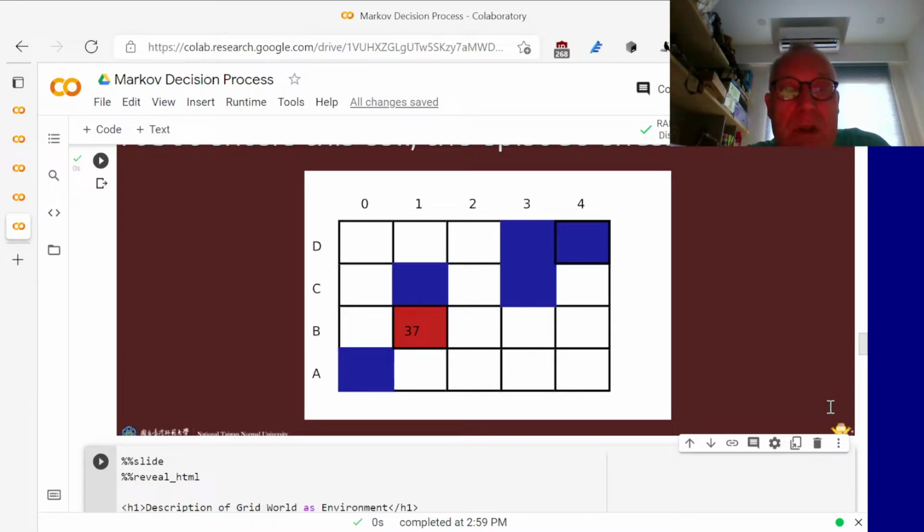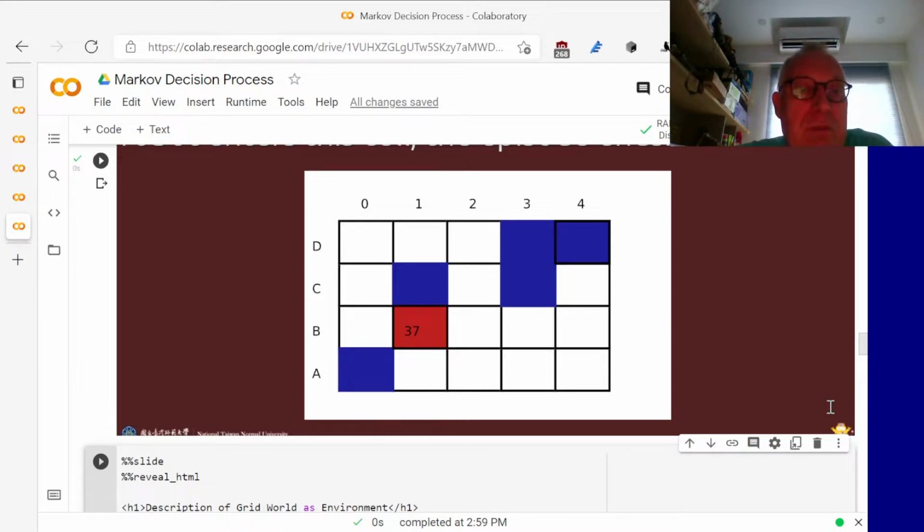It's important to realize that this is not the only type. Later on, we will say, oh, what happens if your control is bad and, if you tell the robot to go up, there is a 75% chance it'll go up by 1 square, but there's a 25% chance it'll go up by 2 squares if it can.